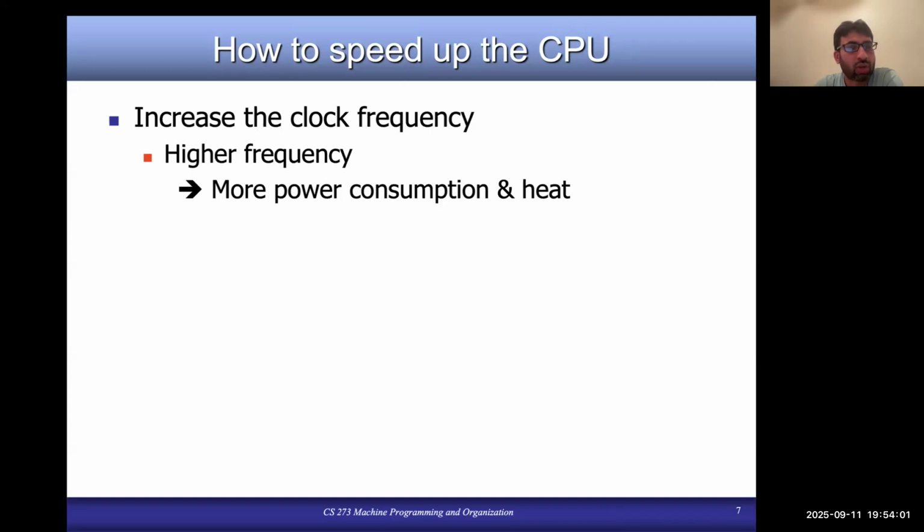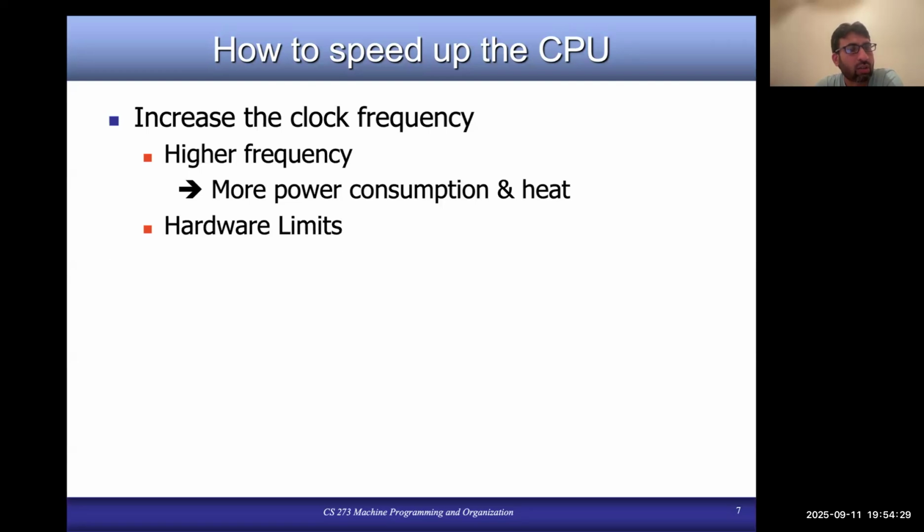Not only that, microcontrollers are mostly used in embedded systems, and if you increase the frequency to speed up the execution of your program, you are consuming more power. But in embedded systems, most of the time you are already limited on the power source, right? So you want to be very efficient when consuming that power.